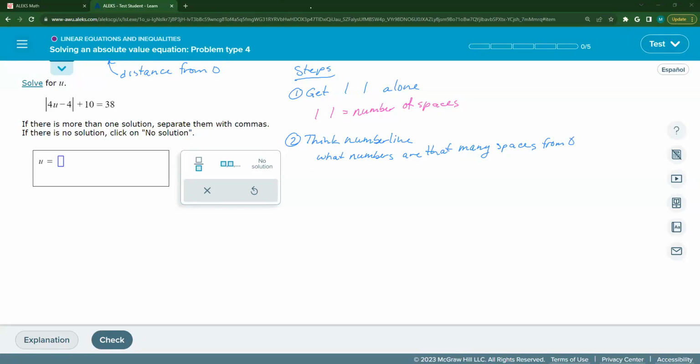And then the last thing is to solve both equations.